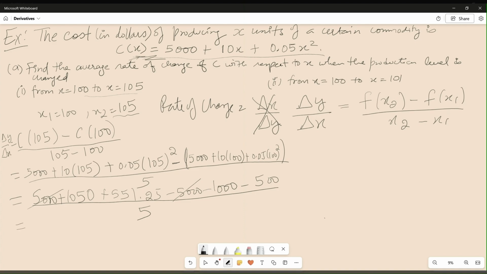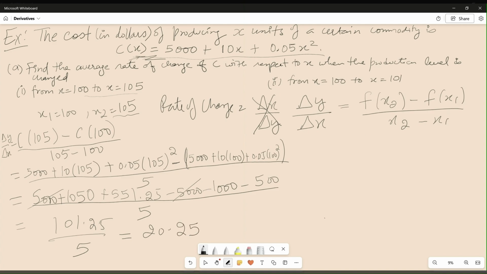We can simplify this expression now, which is 1050 plus 551.25 minus 1000 minus 500, which is equal to 101.25, divided by 5, which is equal to 20.25.